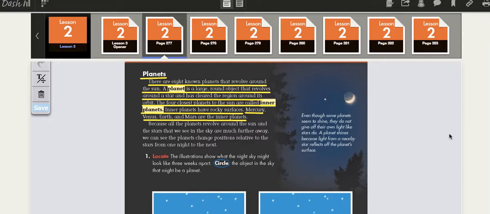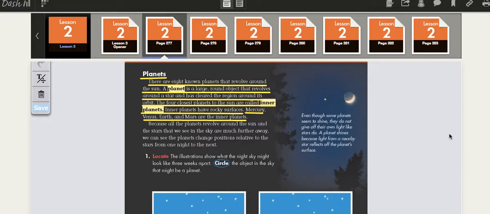So the Earth rotates around itself and it also revolves around the sun. This rotation of the Earth around the sun creates the year, and the rotation of the Earth around its own axis creates the day and the night.